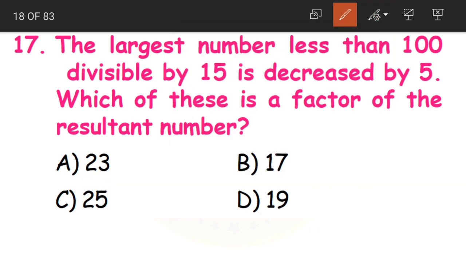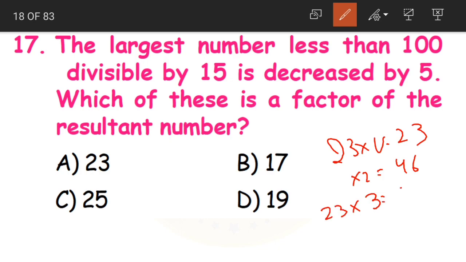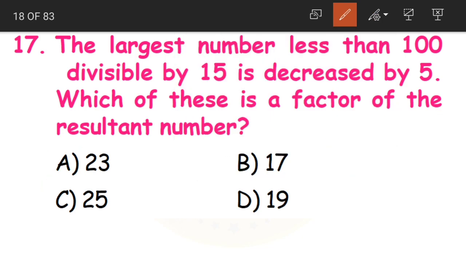No, it's not divisible. 23 1s are 23. 23 2s are 46. 23 3s become what, children? 3 2s are 6 and 3 3s are 9. Then we have 23 4s: 4 3s are 12, 4 2s are 8 plus 1, 9. So what did we get? 85 is not divisible by 23.